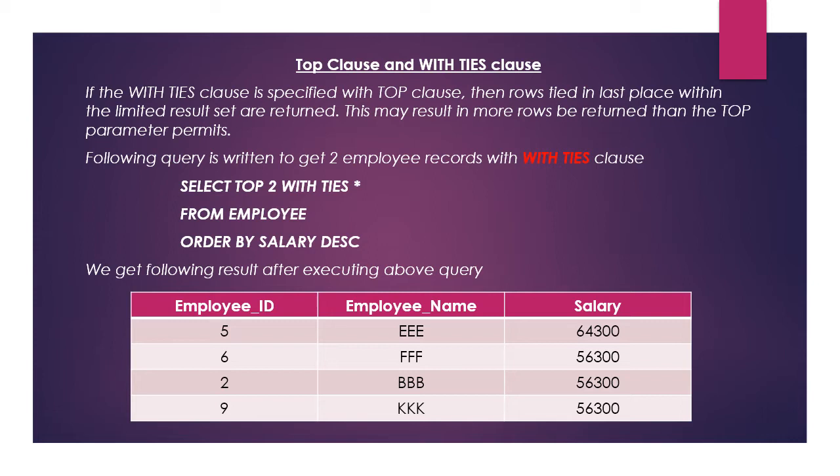But using the with ties clause, the query will return two extra rows of employees whose salary is 56,300, as shown on the screen. You can try this yourself by using both ways, means using only top clause or by using top clause with ties clause, and see the result.